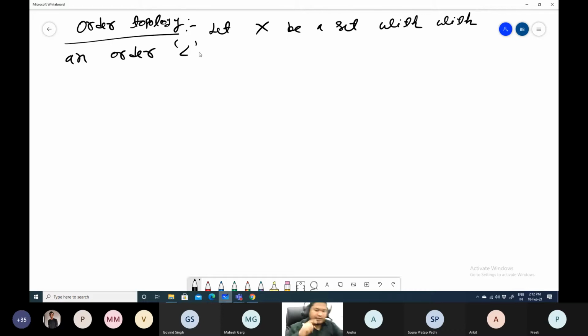That means you can define an order on X. Here a simple order means we can compare two elements. If you have any two elements from X, you can say either A is less than B, or B is less than A, or they are equal.